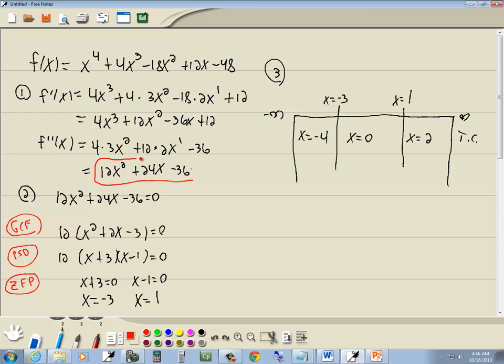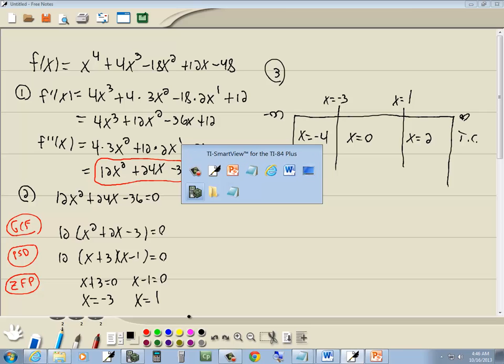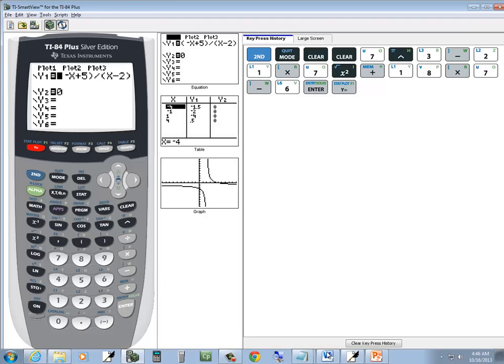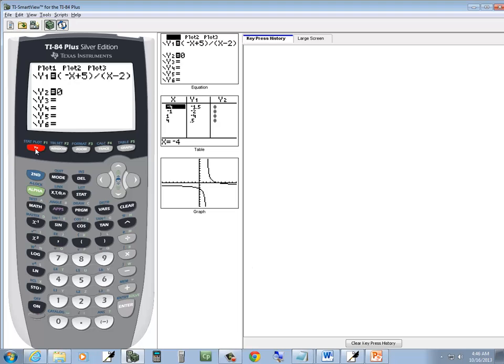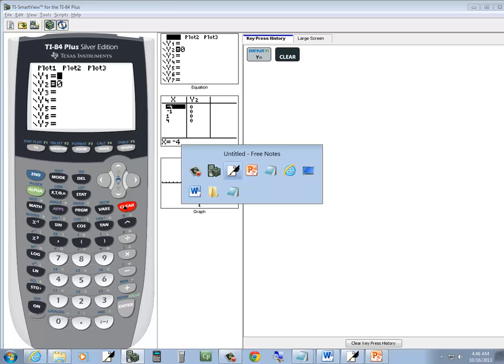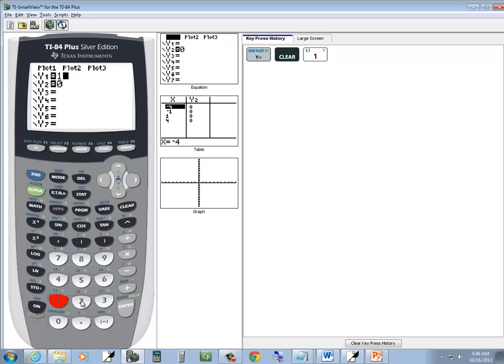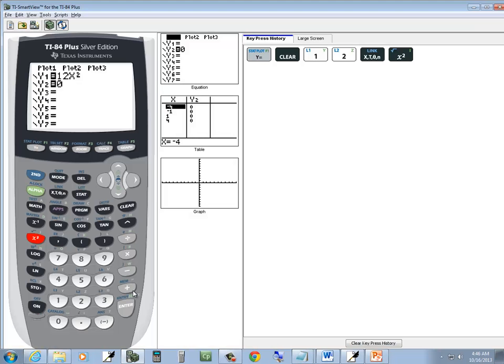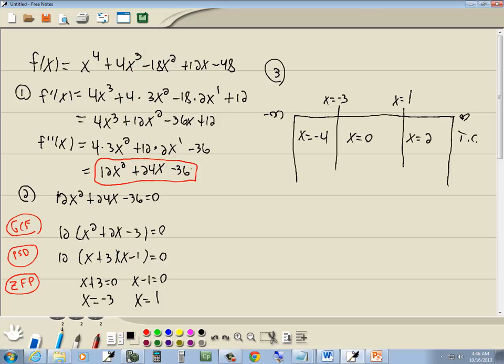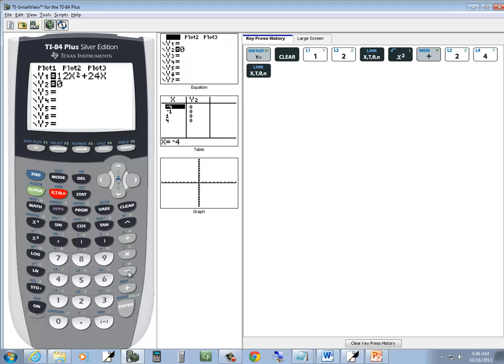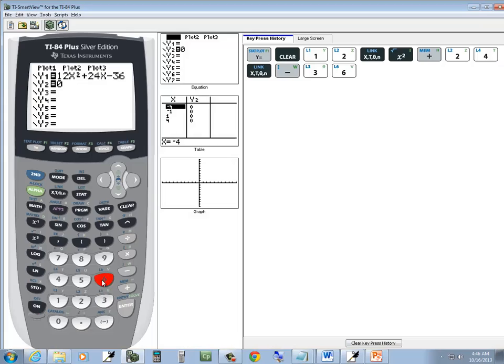I'm going to use my calculator for this. I used to work too hard. So go to y equals, clear, and I got 12x squared plus 24x minus 36. Okay.